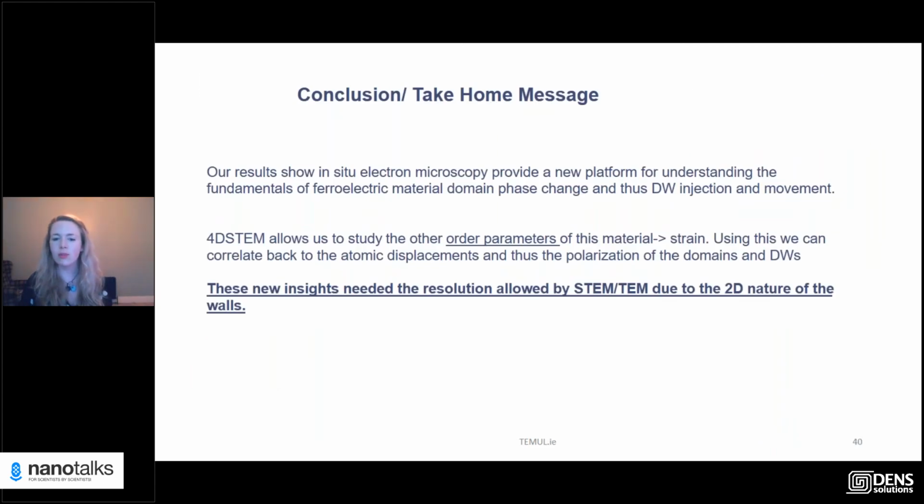So the conclusion and take-home message from this section is that in-situ electron microscopy really does provide a new platform, especially for ferroelectrics. There's a lot of work on in-situ with other types of microscopy techniques, whether that's physical probes, so AFM, CFM and STM. But the great thing for TEM is that you can get right down to the atomic scale.